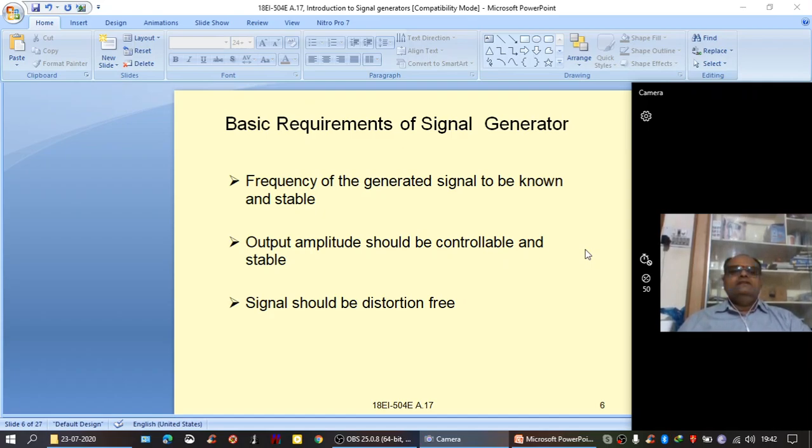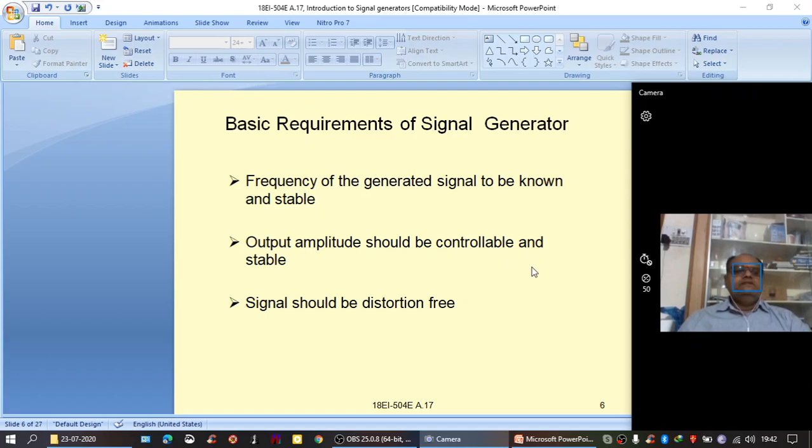When a signal generator is set for producing a certain frequency, say 1 kilohertz, over a period of time it has to produce the same 1 kilohertz signal. There should not be any deviation like 999 hertz or 1.1 kilohertz.